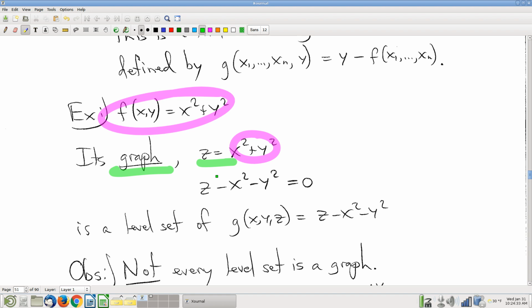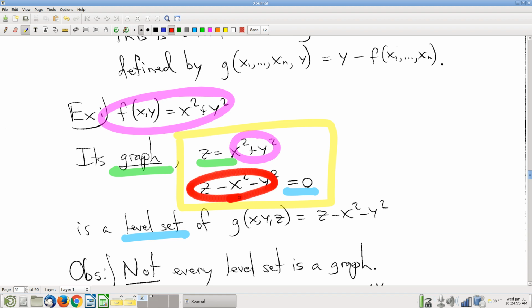Note that equation is totally equivalent to that equation, which represents, you'll notice, a level set of this other function. Sorry, I wanted to switch colors there. Here we go.